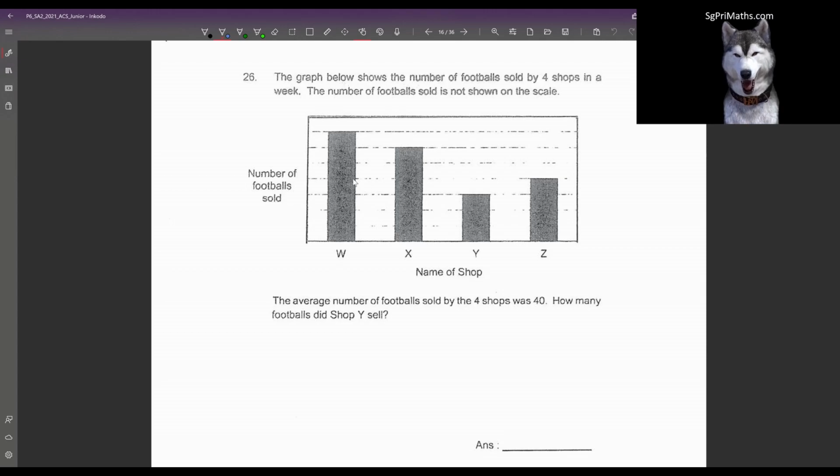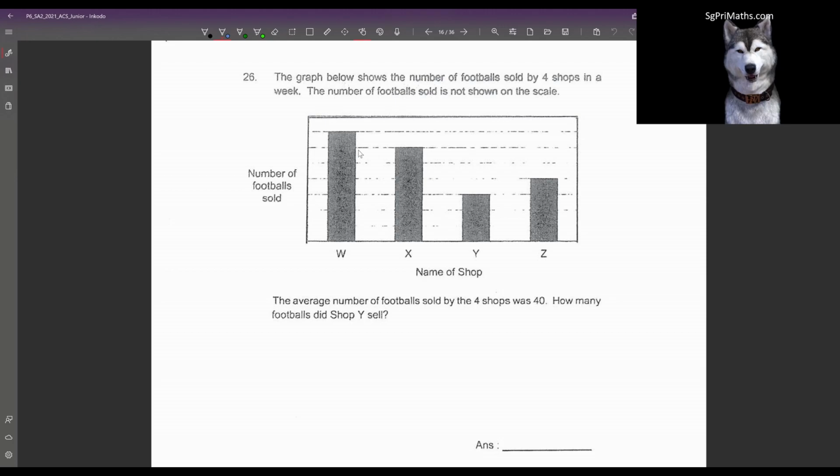Question 26. The graph below shows the number of footballs sold by 4 shops in a week. The number of footballs sold is not shown on the scale, so we don't know how much this is, but we do know relative to each other is higher or lower. The average number of footballs sold by the 4 shops was 40. How many footballs did shop Y sell?